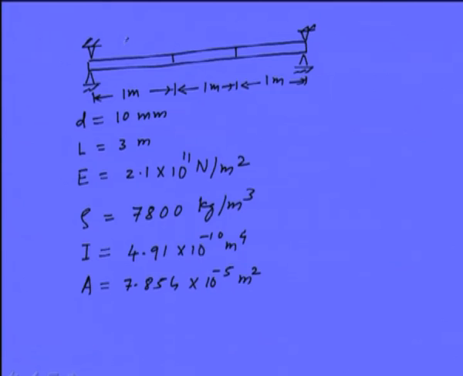So there are 3 elements, 1, 2 and 3. We can also give them node numbers, 1, 2, 3, and this is the 4th node. Now we will write the elemental equation for each of these elements one by one.